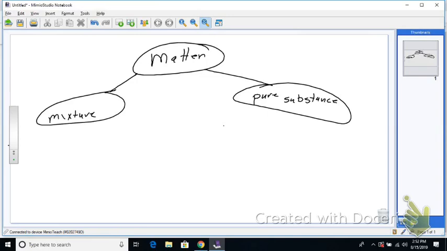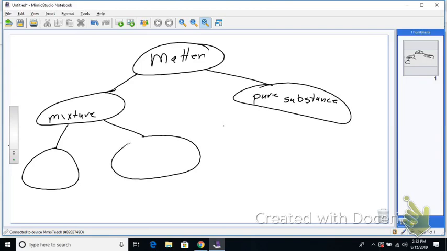So for the mixture, there's two types. One where we have even distribution, and one where we have uneven distribution. For example, we could say heterogeneous. That's what that mixture is going to be, and then this is going to be homogeneous.